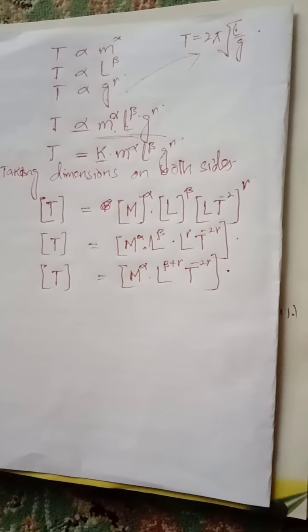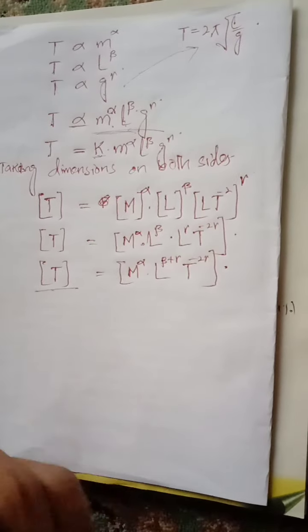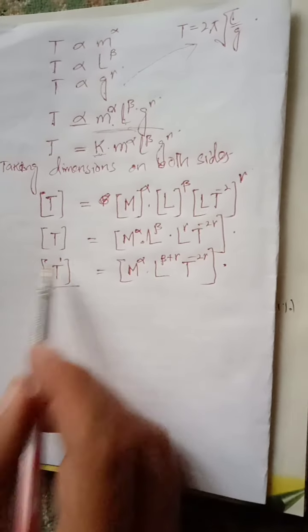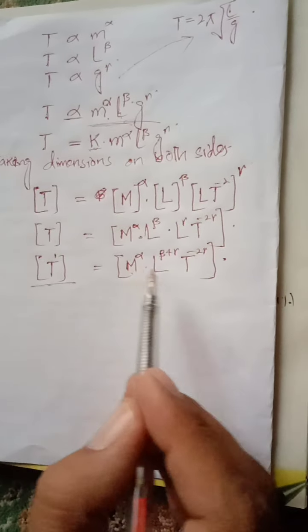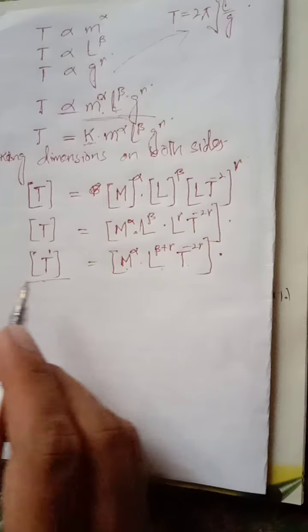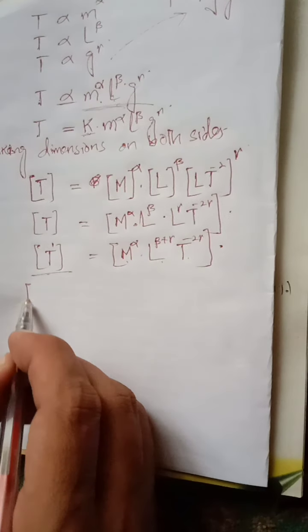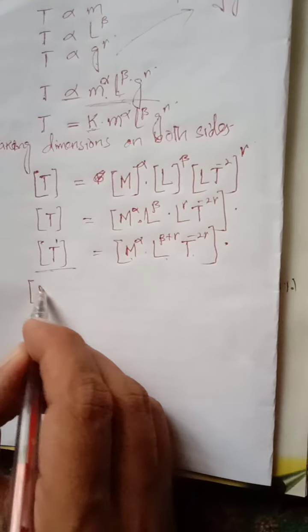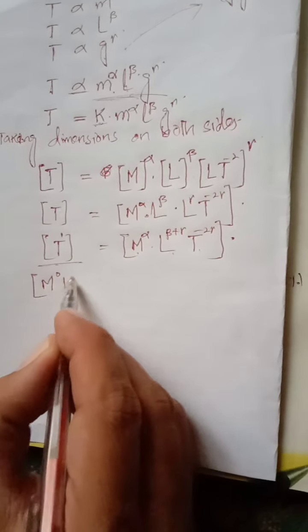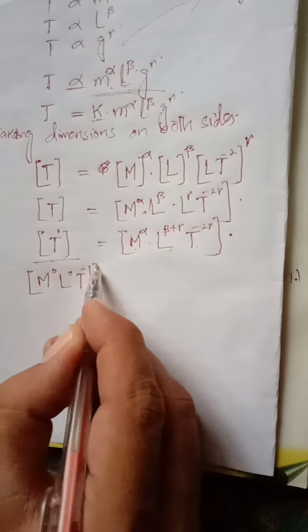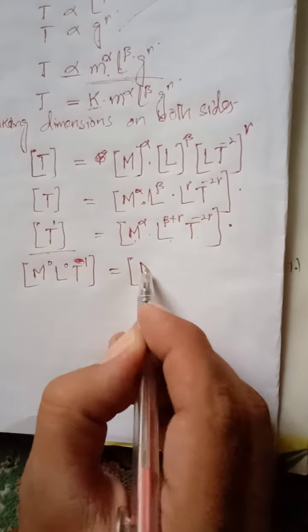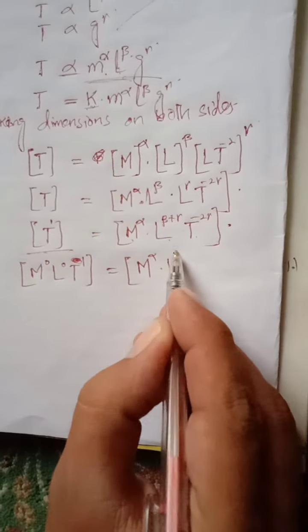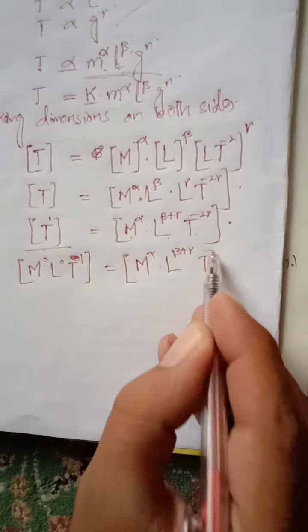Now on the left side, the dimension is only T, and we know that its power is 1. But on the right side we have M, L as well as T. So I can write the dimension on the left side like M power 0, L power 0, T power 1, is equal to M power alpha, L power beta plus gamma, and T power minus 2 gamma.